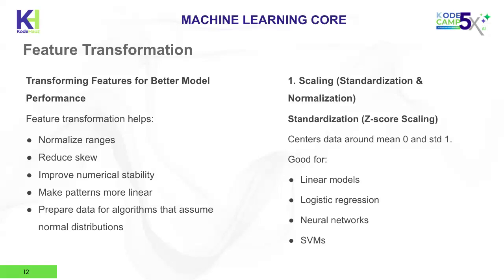Then the other value of transforming features is that it allows your patterns to be more linear. And the last thing is it helps to prepare data, because there are some algorithms that assume that your data is coming from a normal distribution. A normal distribution, for those who did a bit of mathematics, comes from a bell curve where the highest percentage of data points tend to be around the median.